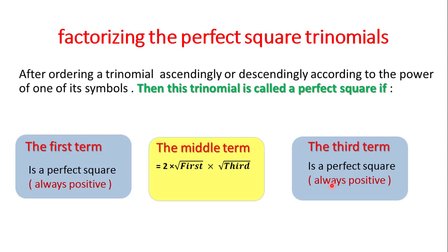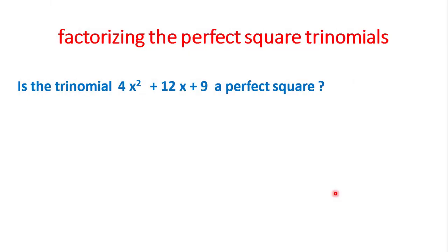So if you have a trinomial, look at the first term. The first term should be a perfect square and always positive. The middle term should be 2 times root the first times root the third. And the third term also should be a perfect square and always positive.